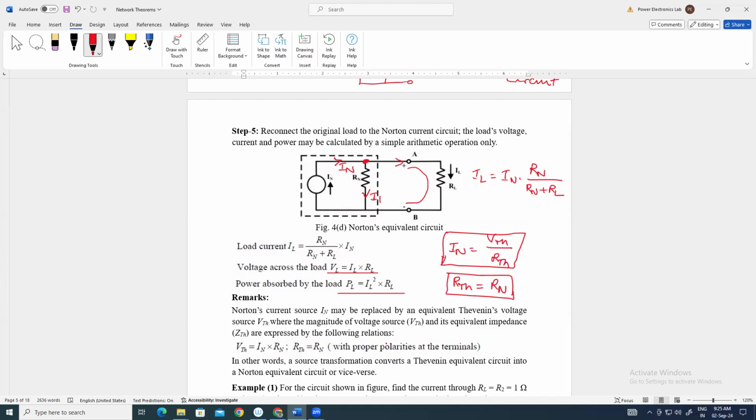By comparing these two theorems, Thevenin's and Norton's, you can write the resultant expression, and in this way we can say that Thevenin's theorem and Norton's theorem are dual to each other.